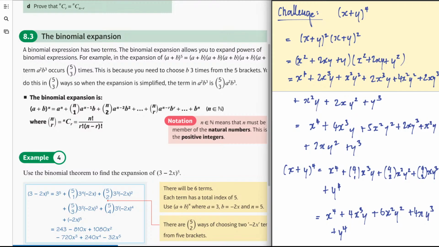There's my mistake. This should be a y squared. What one was this? Oh, that should be y squared in there.